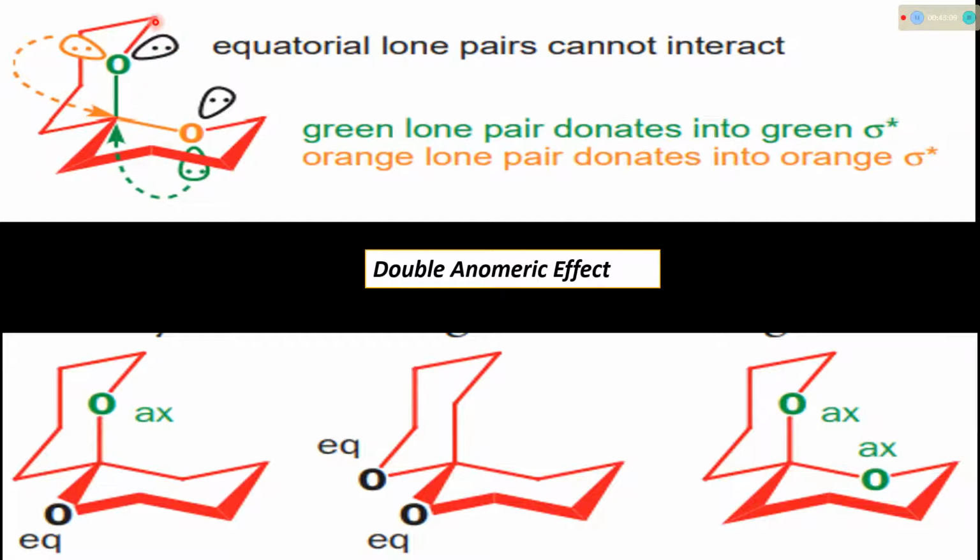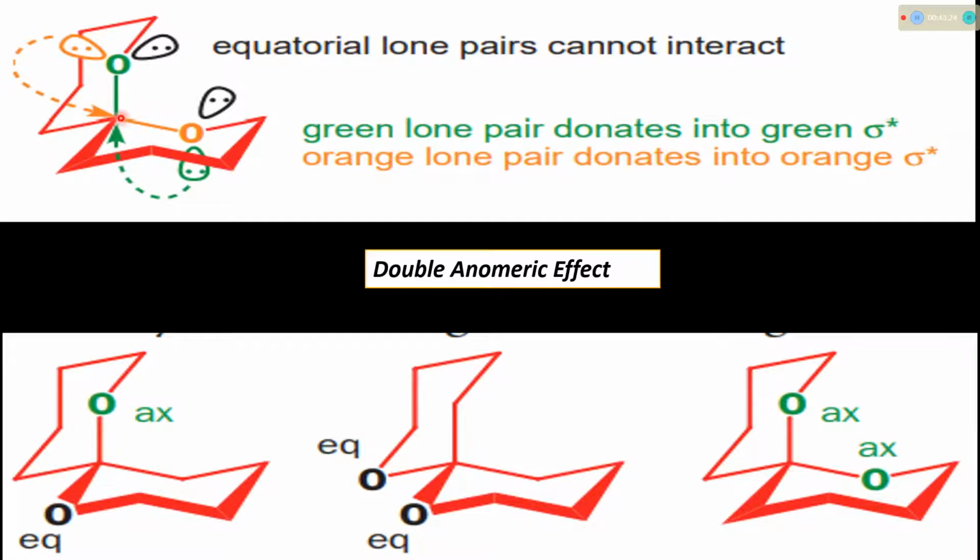For this cyclohexane, this is the ring oxygen, this is the axial substituent, and this is the equatorial substituent. For this other cyclohexane, this is the axial and this is the equatorial.